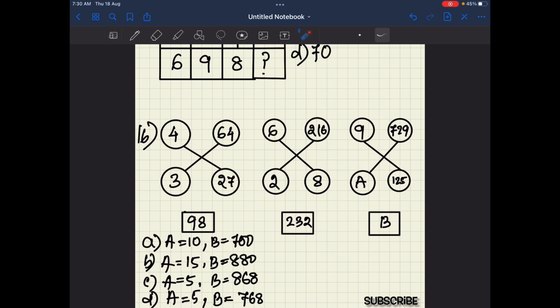So here we will get 5, 130, 139, 140 we can take, and 140 plus 729, it is near about 769. 769 minus 1, because here we took 140, so it would be 768.